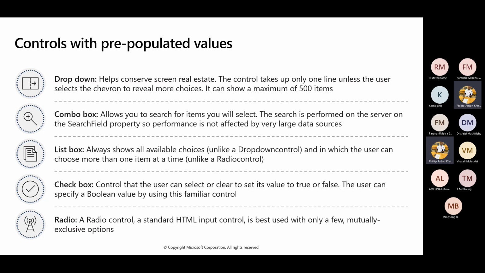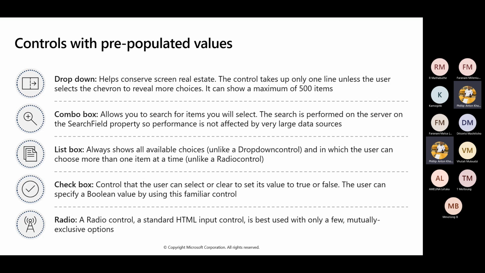Okay, and then we have a combo box which allows you to search for items you will select, and the search is performed on the server on the search field property and is not affected by large data sources.